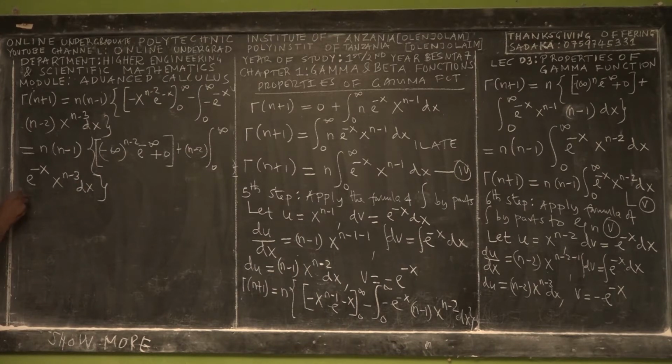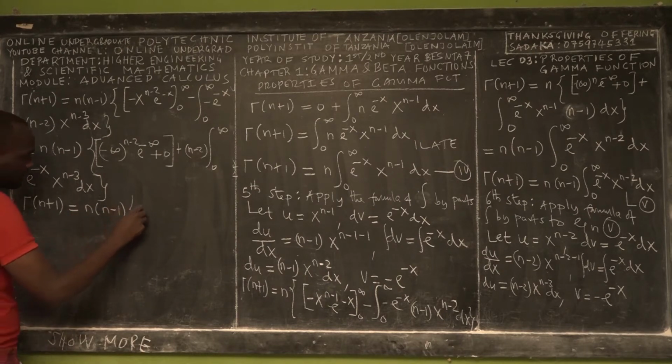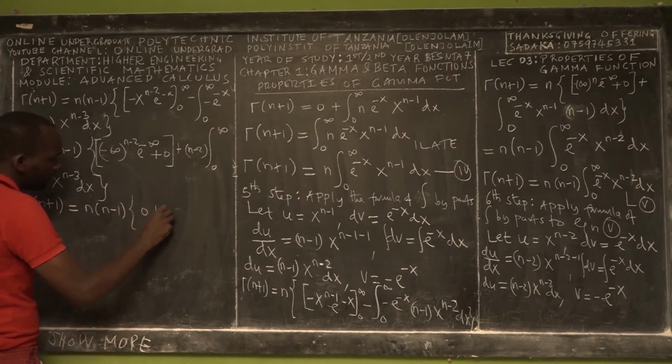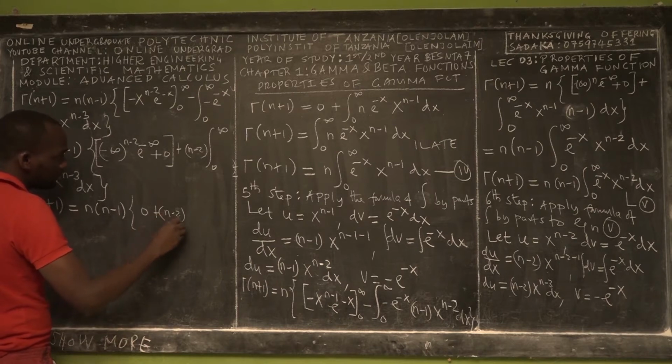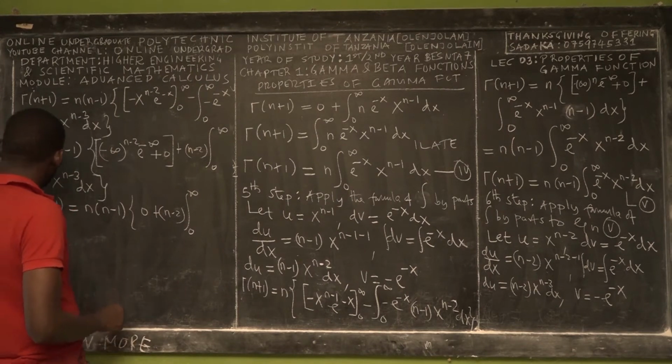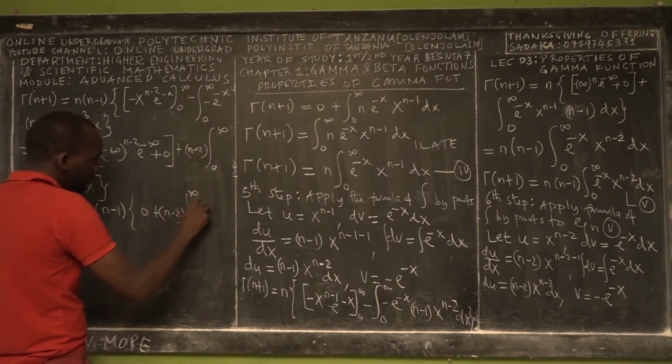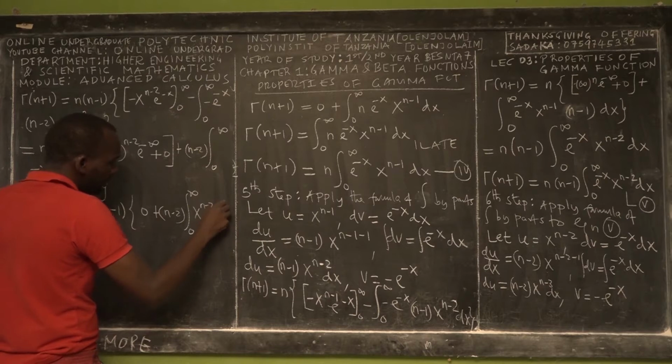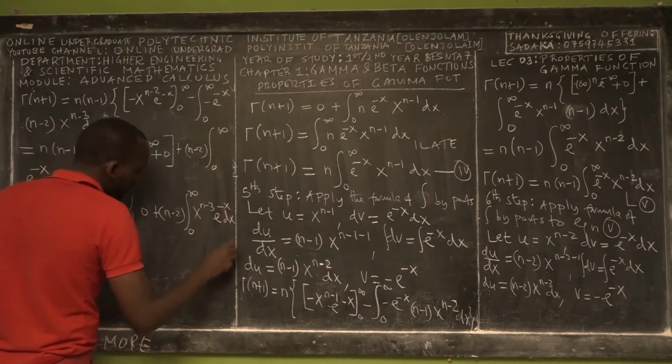So if that's the case, you have gamma of n plus 1 is equal to n minus 1, then this is 0, and then plus n minus 2, then we still have the integral from 0 to infinity of x power n minus 3, e power negative x dx.